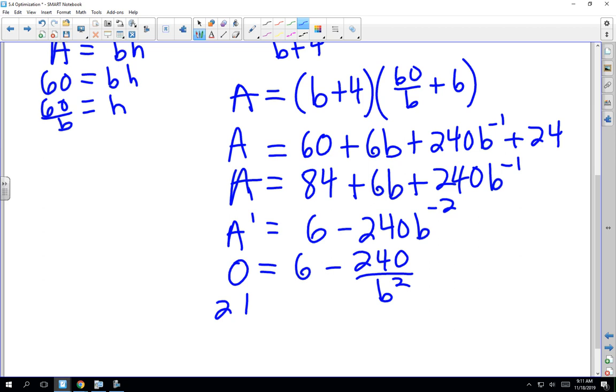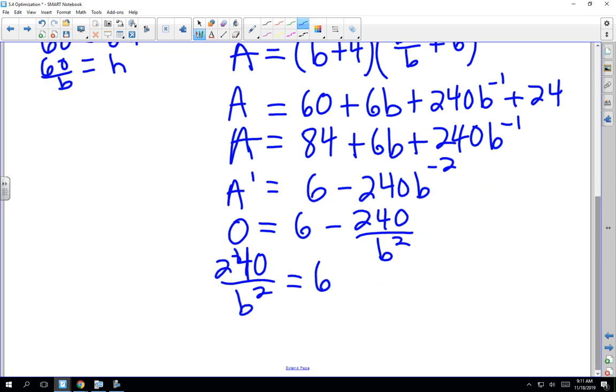I've got 240 over b squared equals 6. Cross multiply, divide: 6b squared equals 240. So b squared equals 40.